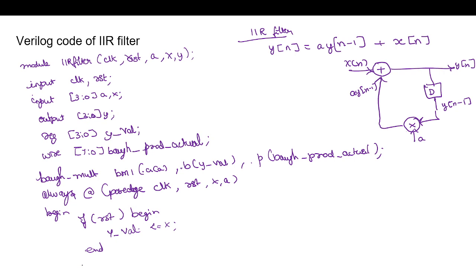It will be only X, otherwise the flip flop will be reset, so just X, otherwise else begin. Y value will be X plus this Booth multiplier product.